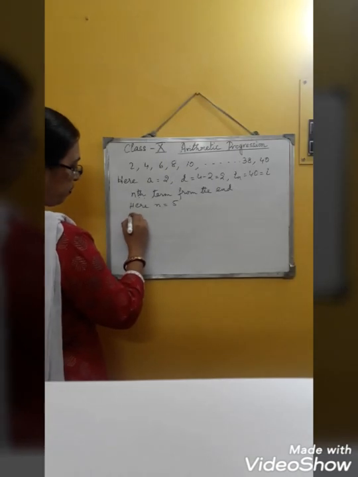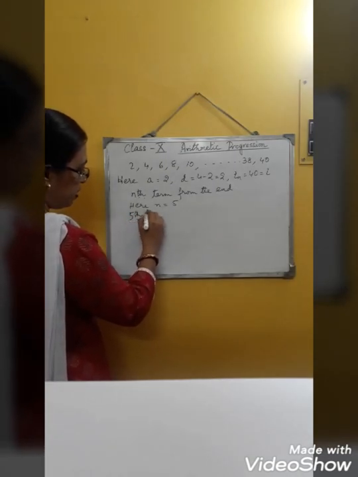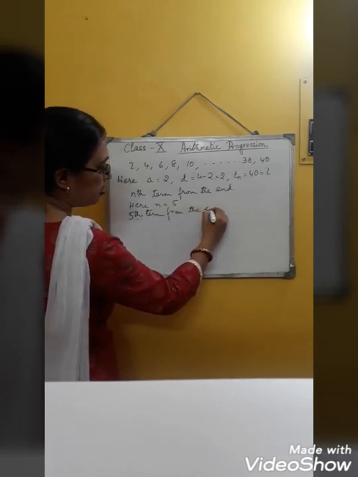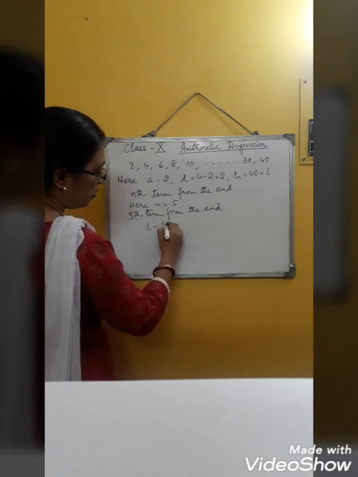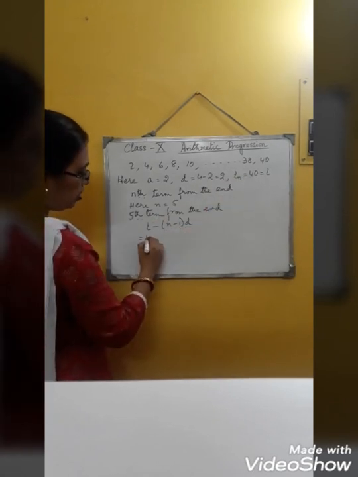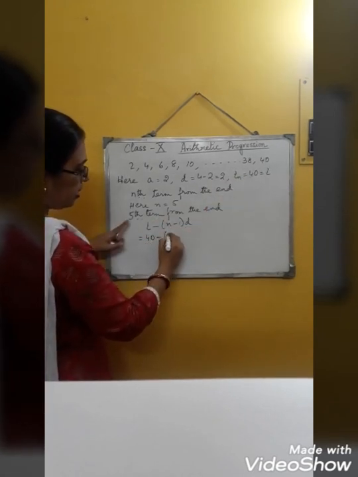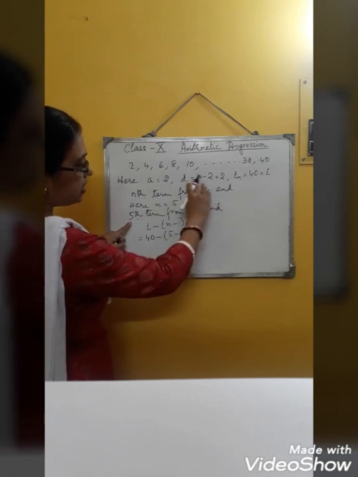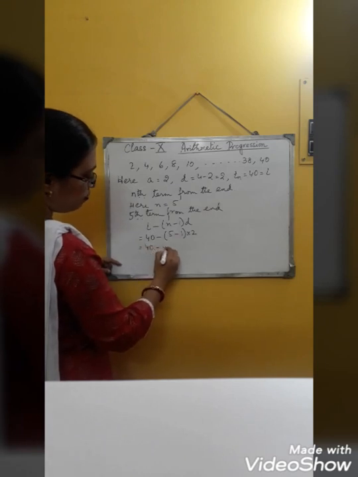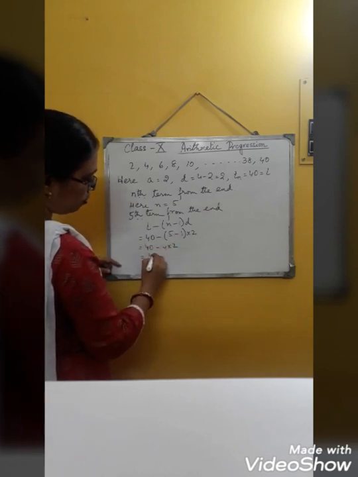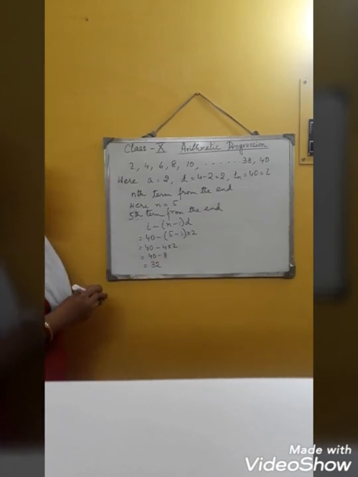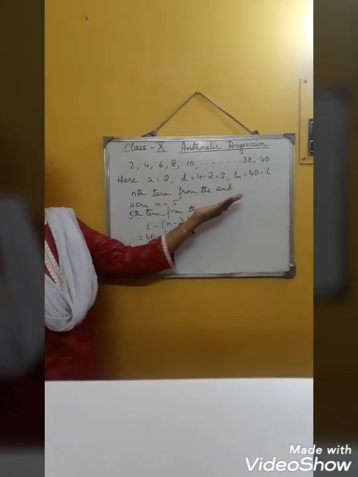So the fifth term from the end is l, that is 40, minus (n minus 1), that is 5 minus 1, into d, that is 2. So you are getting 40 minus 4 into 2, that is 40 minus 8, that is 32. So we get 32 to be the fifth term from the end.